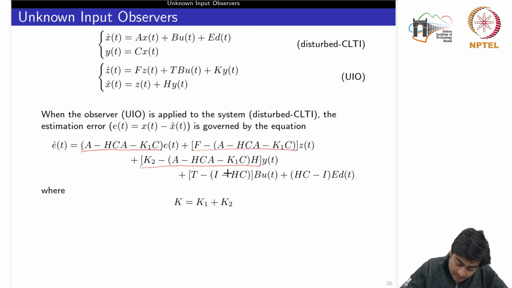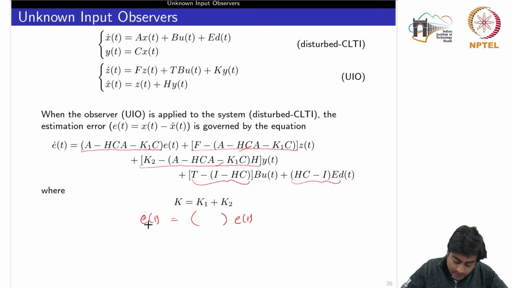Now this equation is pretty important because what do we want? That the error dynamics should be equal to 0 under the presence of the external disturbance d. So if we make all these matrices, this one, this one, this one, and this one, somehow equal to 0, then we would have only E dot of t equal to some matrix times E of t.